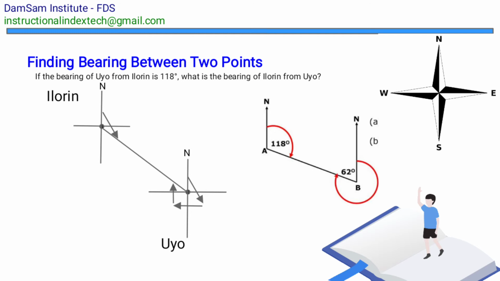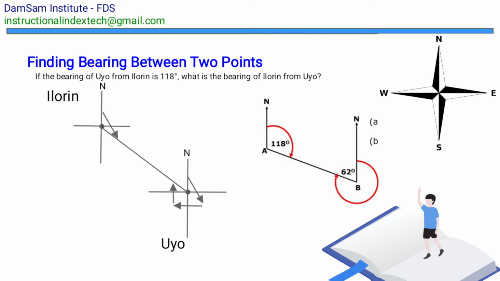But the question being asked of us is the bearing of Ilorin from Uyo. So we are going to take away this 62 from 360 degrees. And when we do that, we have the question answered, as we are asked to find the bearing of Ilorin from Uyo.